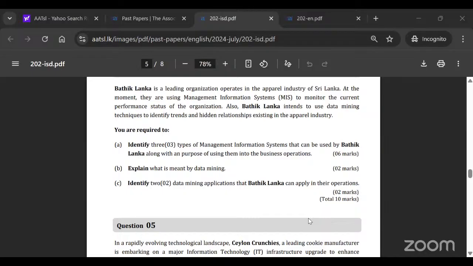Data mining can help the company to predict sales volumes and adjust production and inventory planning accordingly, reducing stock-outs or overstocking. In addition to that, fraud detection, production control, science and exploration, supply chain optimization, right? Sales and customer behavior analysis, many they can use.